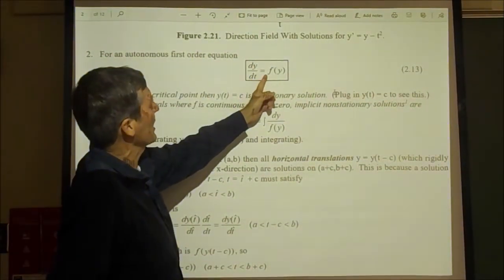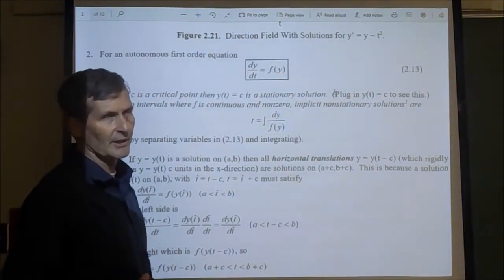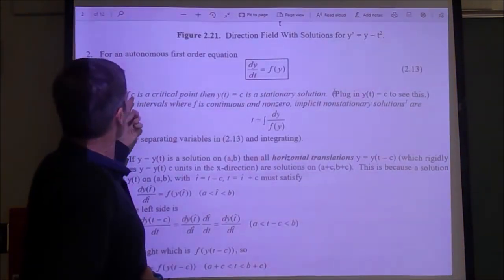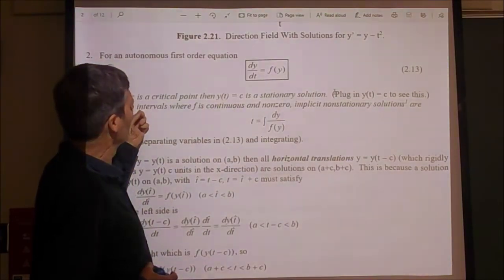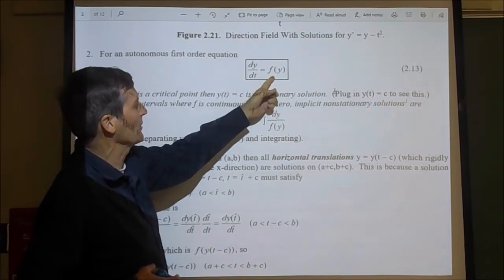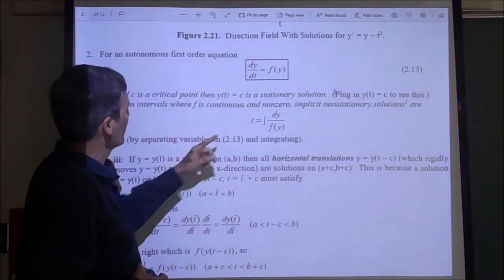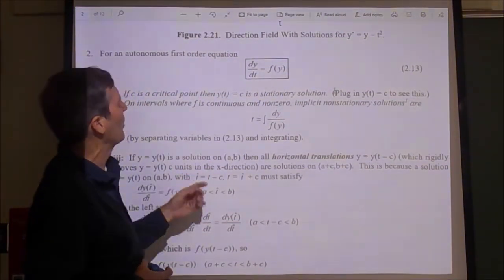dy/dt equals f of y alone, no t in there. Now we can additionally do a phase line analysis. First, if c is a critical point, that's a point where f of y equals 0. A value y equals c that makes f of y equals 0 is called a critical point.